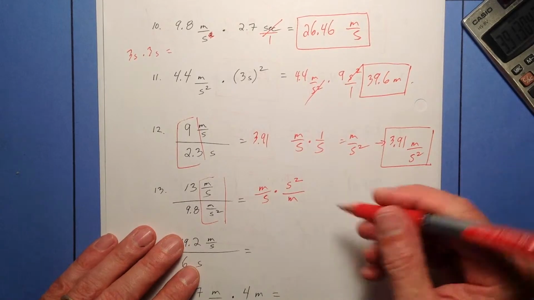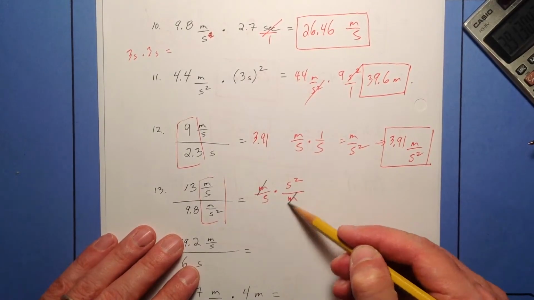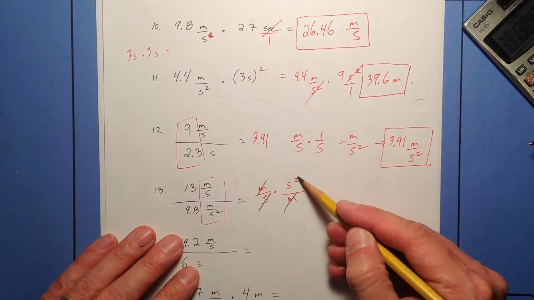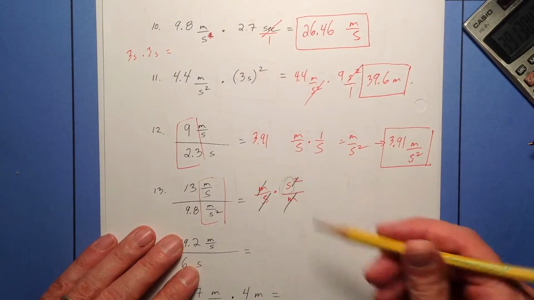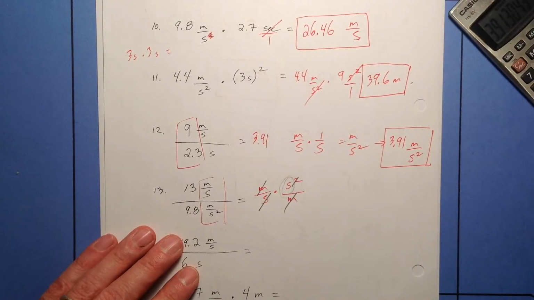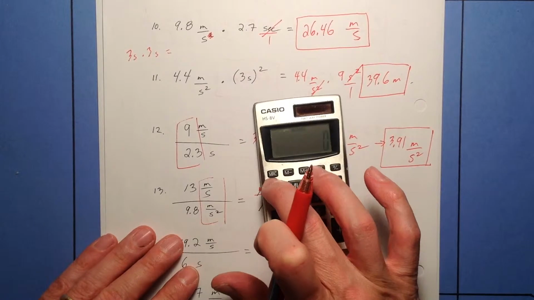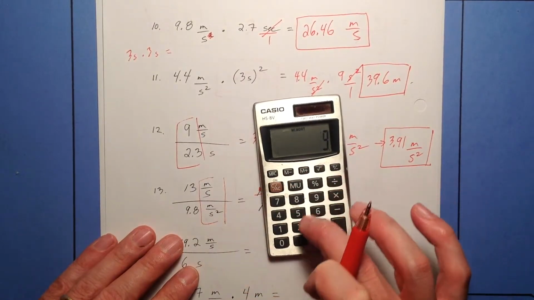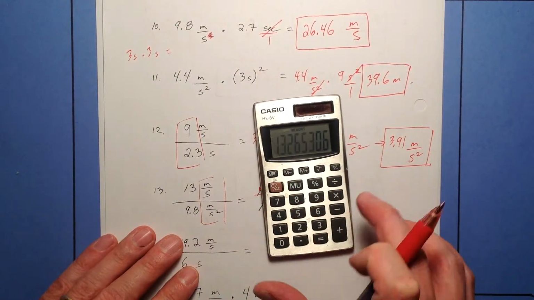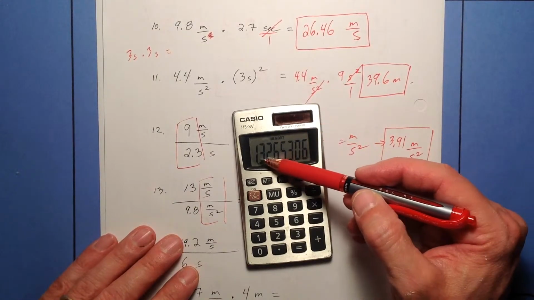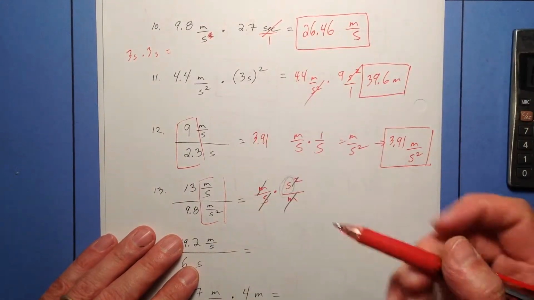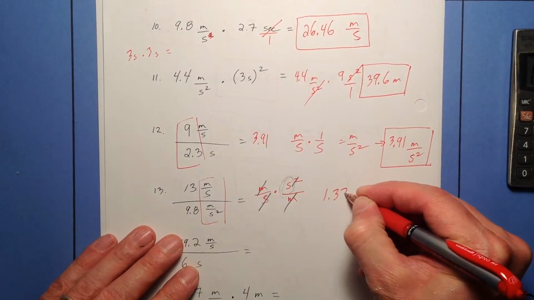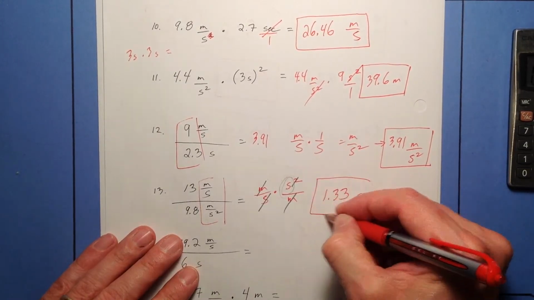These meters cancel out. And then this second cancels out with one of these. So my final result will be seconds. And then 13 divided by 9.8 will give you a number that you'll need to round. We'll round to 2 decimal places. So 1.33 seconds is that answer.